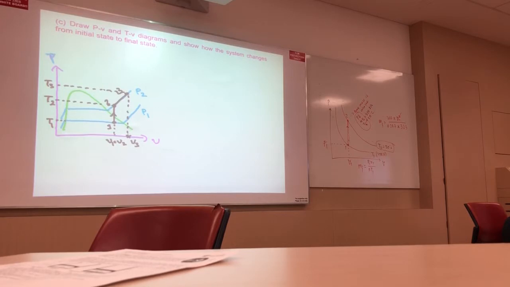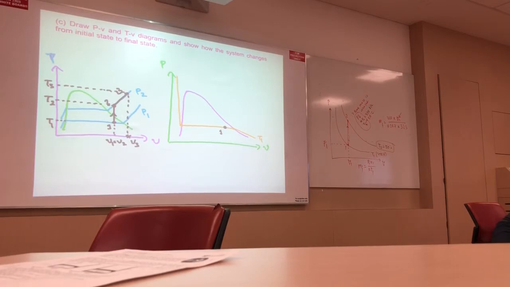Alright, if you are drawing the PV diagram, then this is T1. Okay, state 1 is here, right?